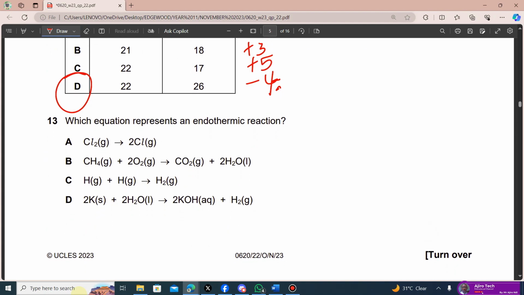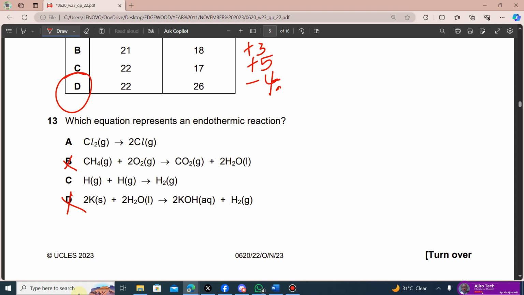Which equation represents an endothermic reaction? So this has to do with having a positive enthalpy change. If you look at all of these reactions, we have option B that involves combustion. Combustion is an exothermic reaction. Reaction of a metal with water releases energy, it gives off heat, so that is exothermic.